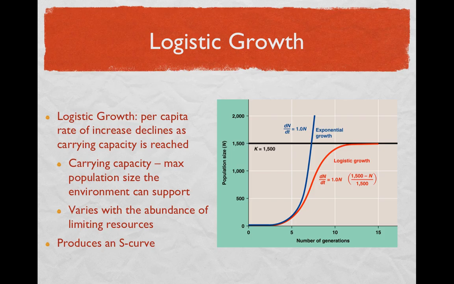That's your logistic growth. So you've got a point of exponential growth. Individuals get introduced, let's say, into a new area. They've got plenty of resources, plenty of food, plenty of shelter, and so they're going to reproduce and double and double and double their population size up to a point where they reach that carrying capacity.